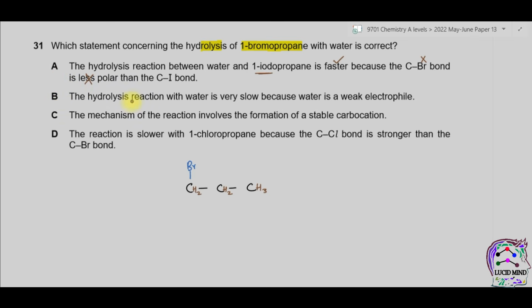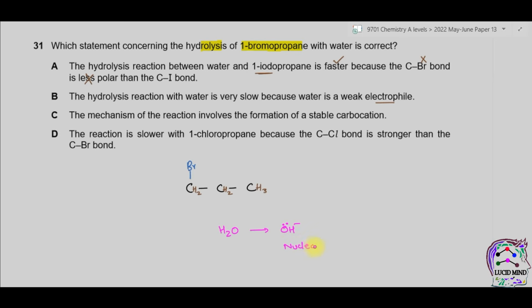Part B. The hydrolysis reaction with water is very slow because water is a weak electrophile. Now let's see what happens when it reacts with water. Water gives OH negative, and that OH negative can then attack this partial positive carbon atom to remove this bromine. Now this is negative OH, so it is a nucleophile.